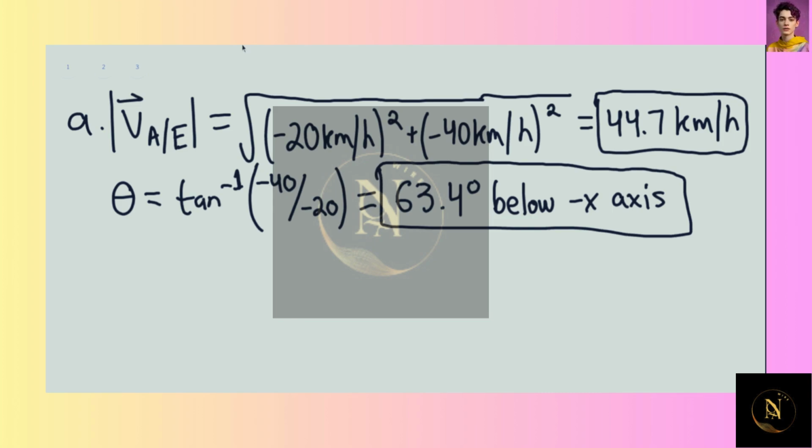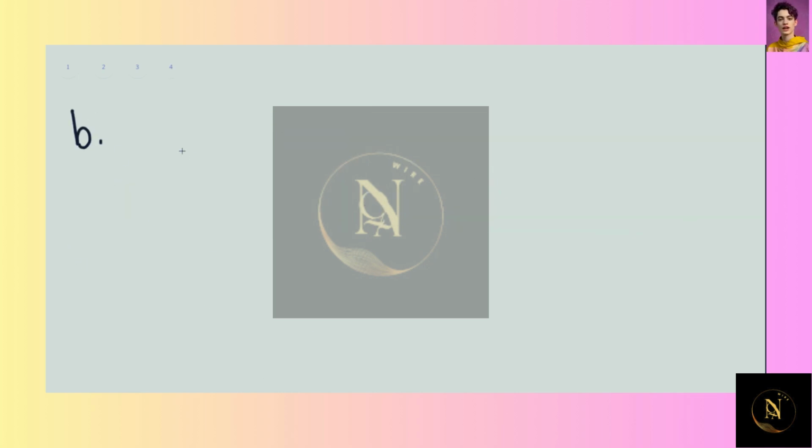Now, for B, they're asking, if the wind velocity is 40 kilometers per hour due south, in what direction should the pilot set her course to travel due west? So for part B, the rule for combining the relative velocities would still be that the velocity of the plane relative to the Earth is equal to the velocity of the plane relative to the air plus the velocity of the air relative to the Earth.